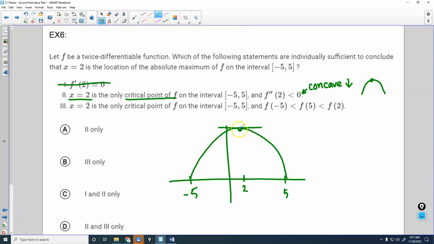If I switch to concave up and increasing where this goes back up, I would have to have another critical point there, right? So since that's my only critical point, it's got to be endpoints or that critical point. And because this is concave down, it has to be that absolute maximum.